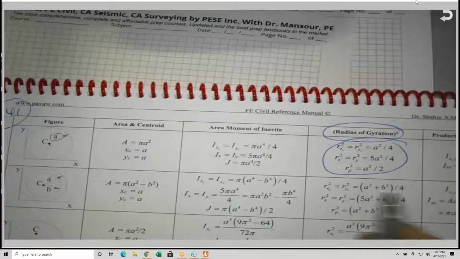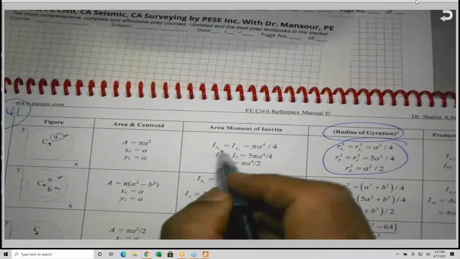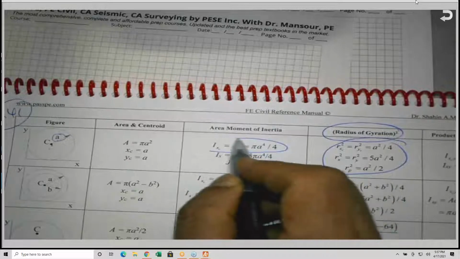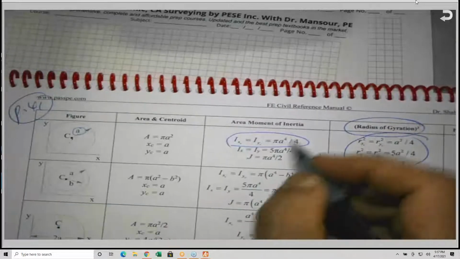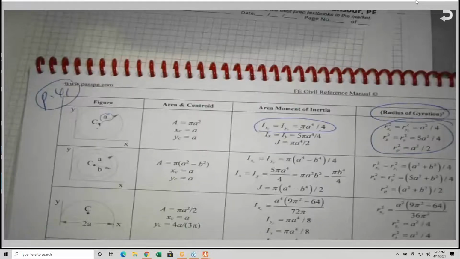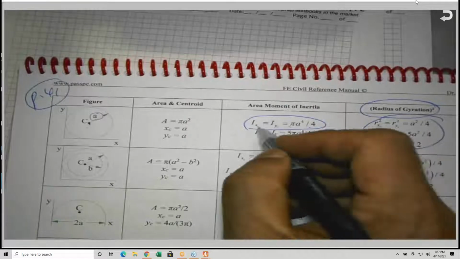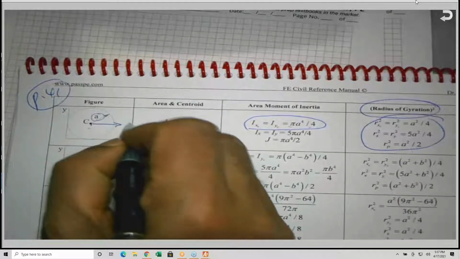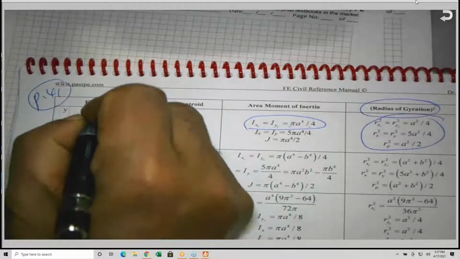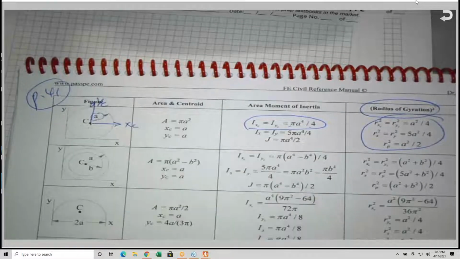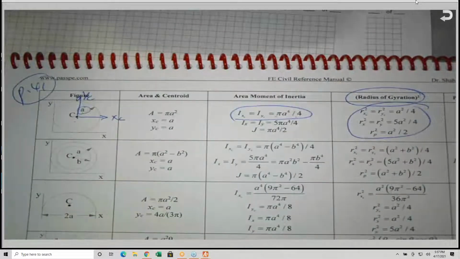If you look at IXC and IYC, here it is: pi a to the fourth divided by 4. Where are XC and YC? Here they are. The XC and YC are the two axes that go through the centroid, and they are equal in this case.